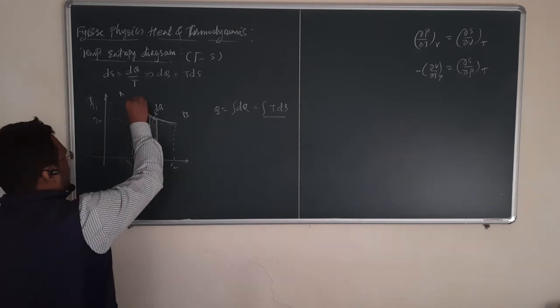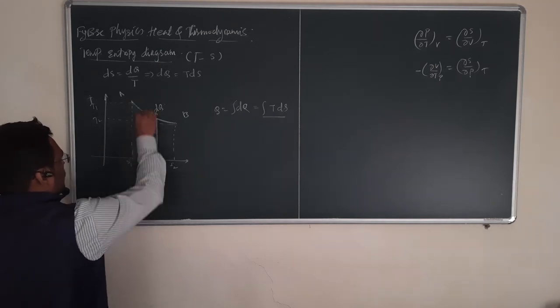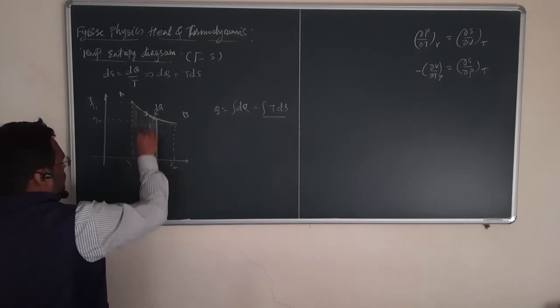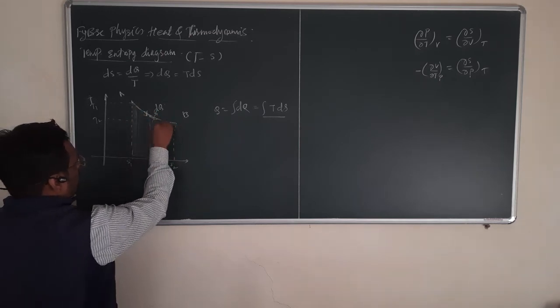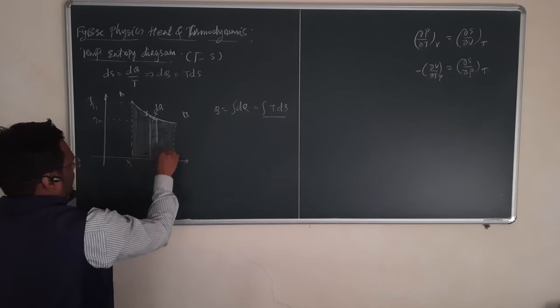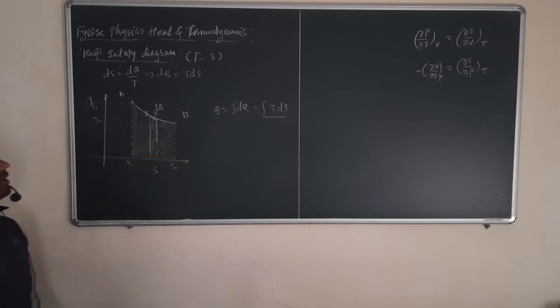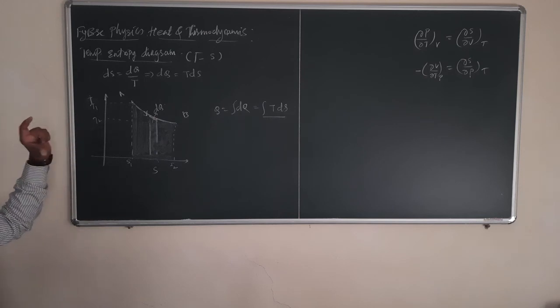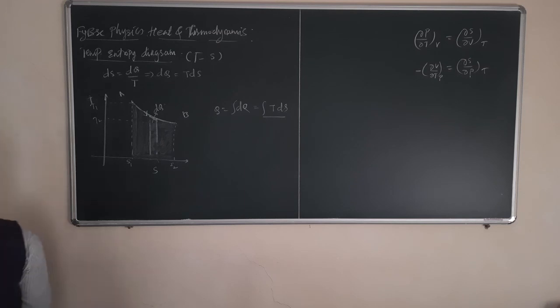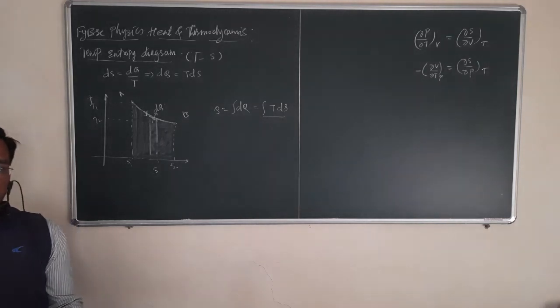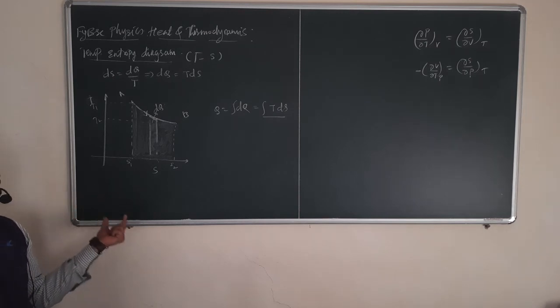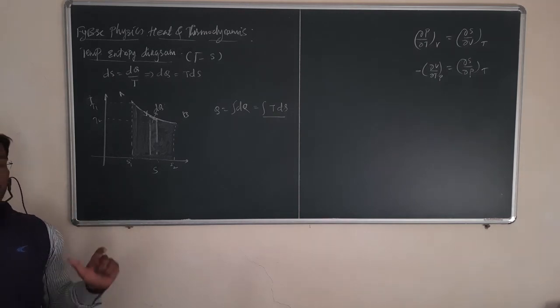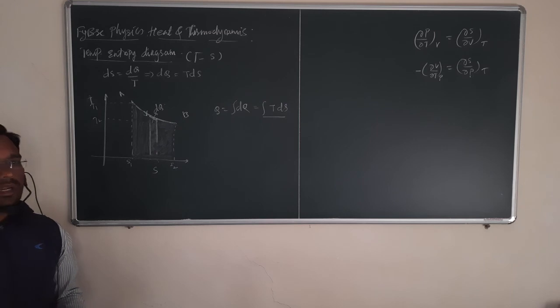So if we take the area under the curve of this whole curve, this is the total amount of heat energy absorbed by that thermodynamic system during change AB. This is the very important part of the temperature entropy diagram. What is the physical significance of the temperature entropy diagram? The physical significance is that it shows the amount of heat energy absorbed or rejected by that thermodynamic system.